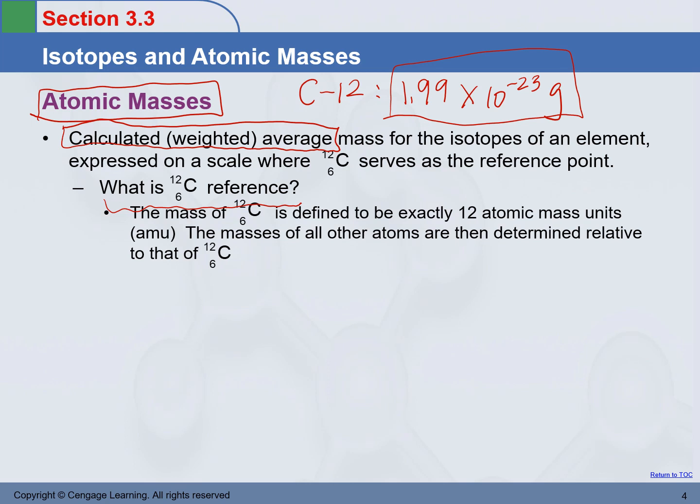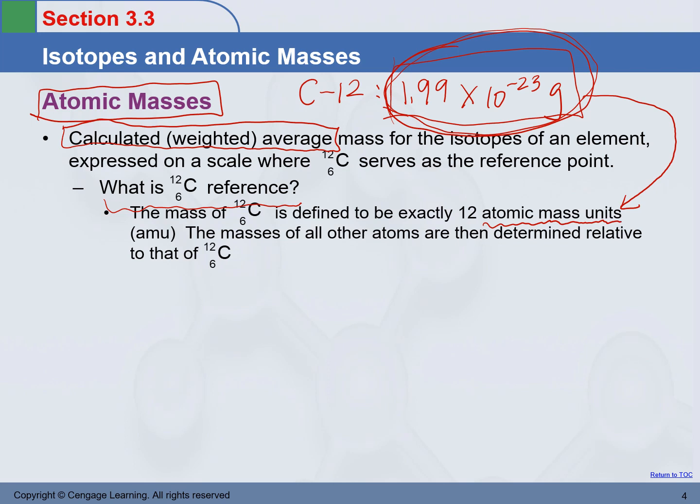So this is what they did. They said, okay, if we don't like a number like that, then let's try to use different numbers. I don't care what the true mass of carbon-12 is. I'm going to define a new mass unit, which is called the atomic mass unit.